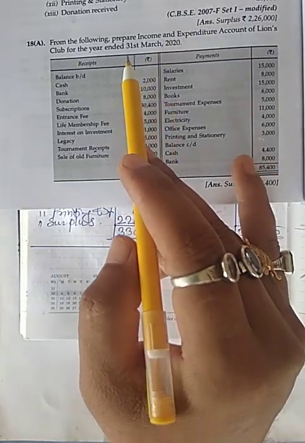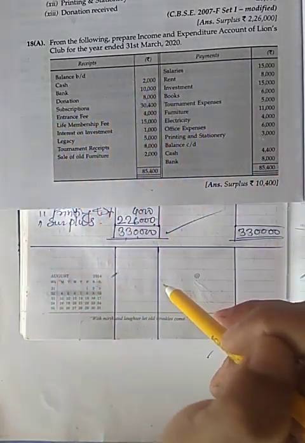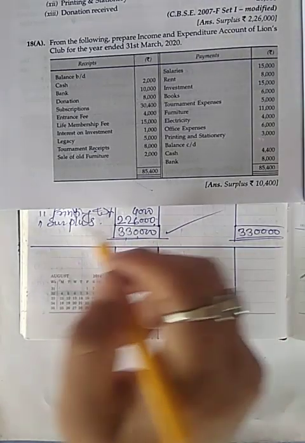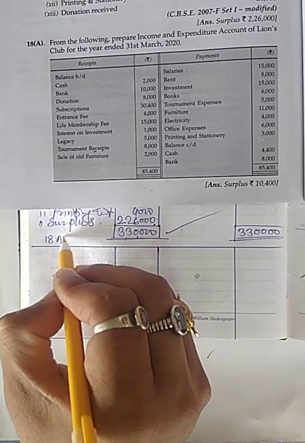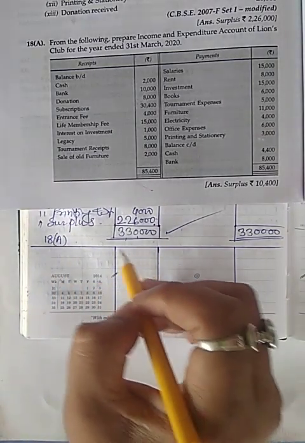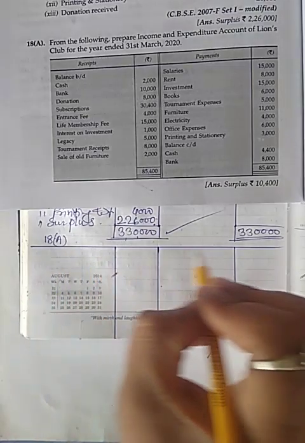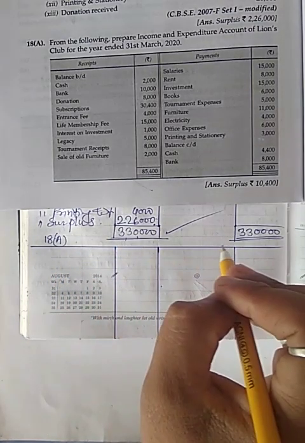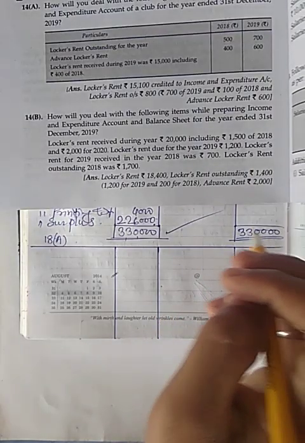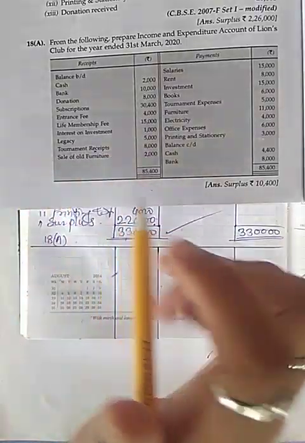So it will not be shown in income and expenditure account. This is your income and expenditure account 18A. Format will be same, so I have not written income and expenditure and so on. You all know the format.